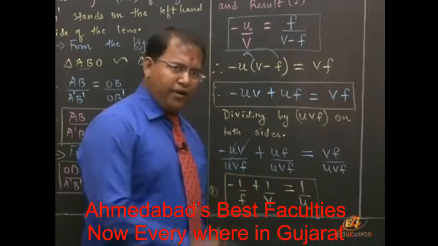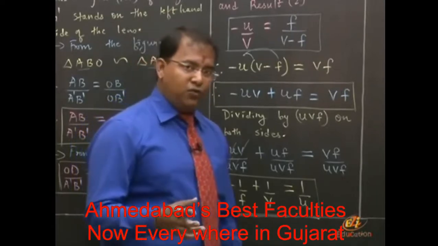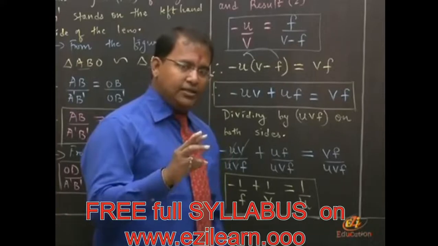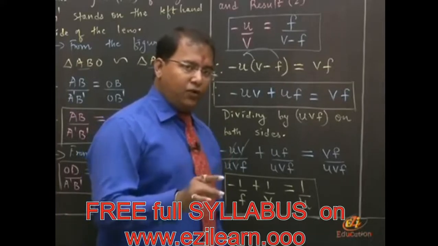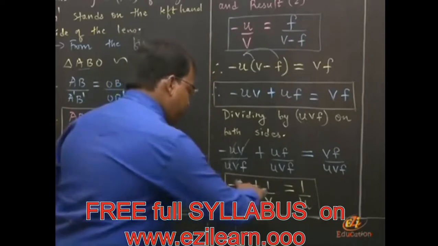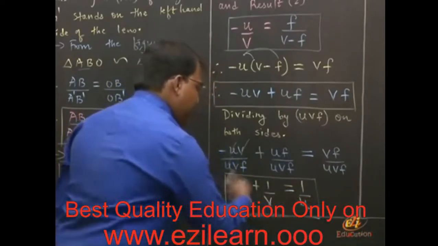Now just bring it into a useful form, as the lens formula is a relation between object distance, image distance and the focal length. Focal length should come at the last. Here I am going to move this minus to that side, making it plus, and this one towards here.